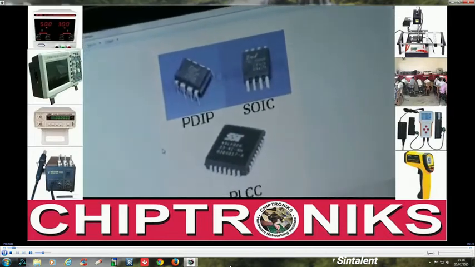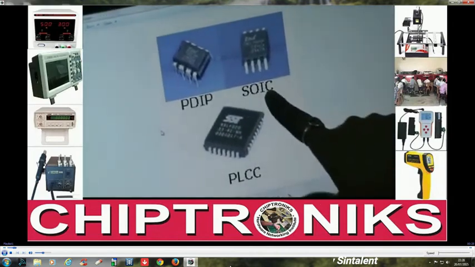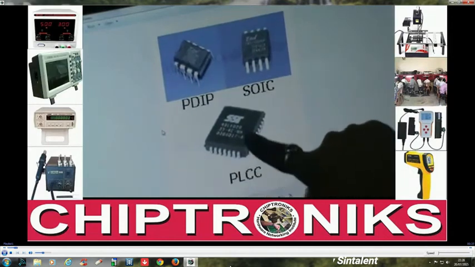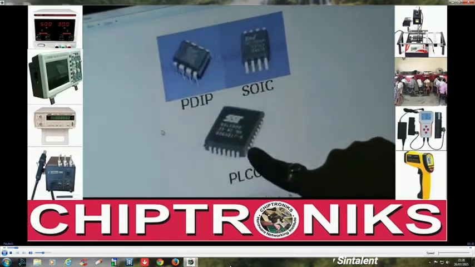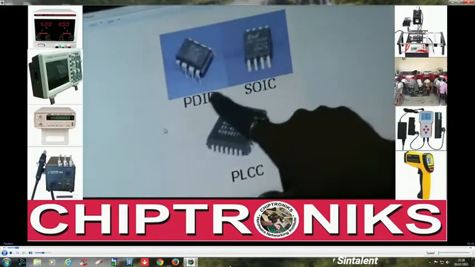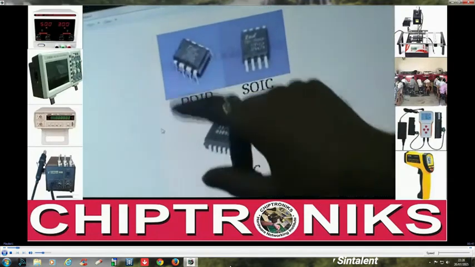It is used on desktop motherboards, and SOIC is also used in laptop motherboards and desktop motherboards. PLCC has 32 legs, SOIC has 8 legs, and PDIP also has 8 legs.